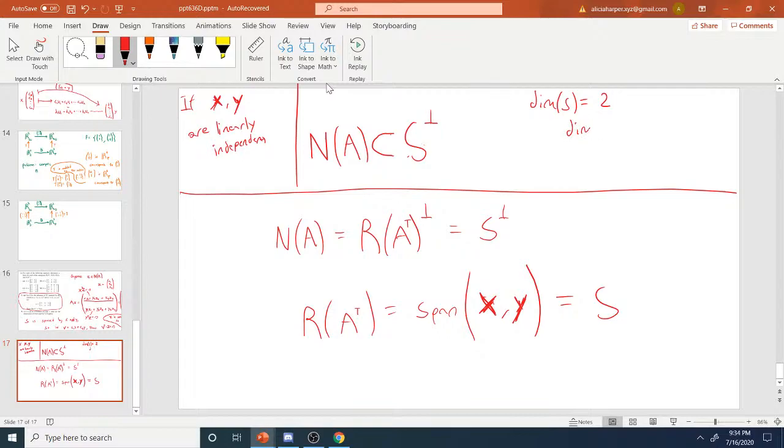You also know that the dimension of S plus the dimension of the orthogonal complement of S is equal to 3. That would imply that the dimension of the orthogonal complement of S is equal to 1. But the dimension of the null space would also be equal to 1.